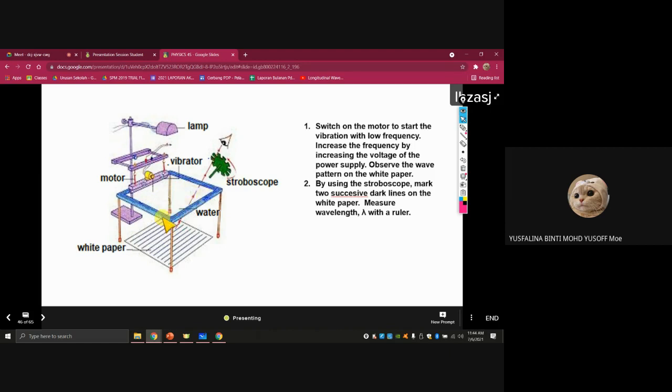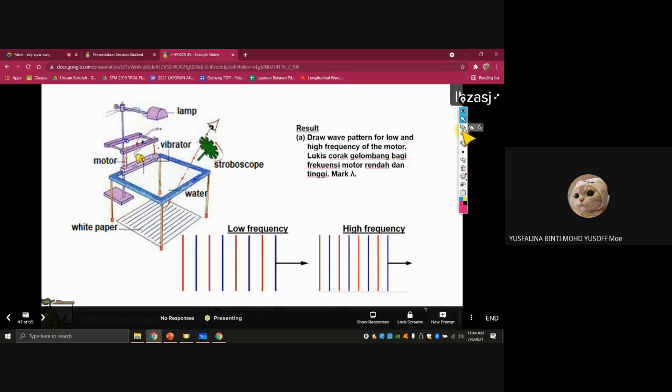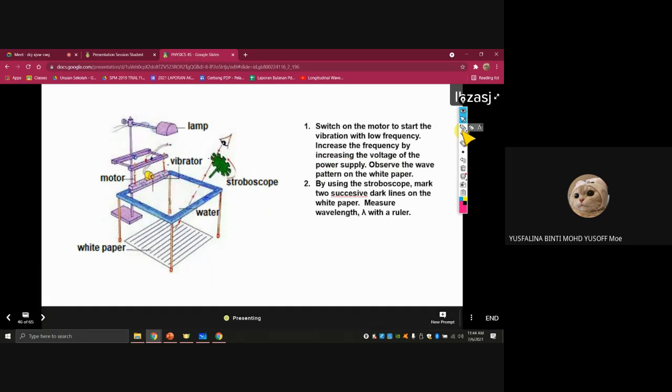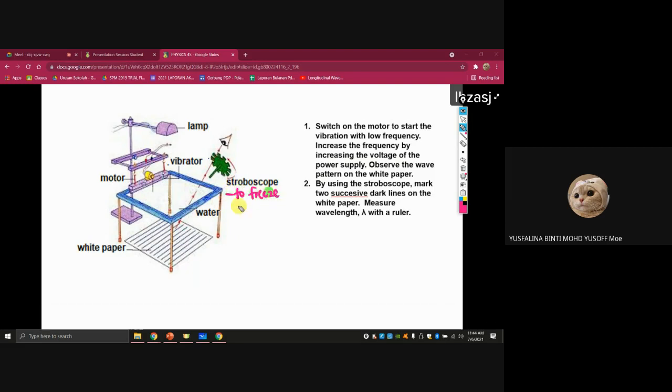By using the stroboscope, what is its function here? Because the wave keeps moving very fast, you use a stroboscope to freeze the wavelength, so you can see clearly the shape of the wave.